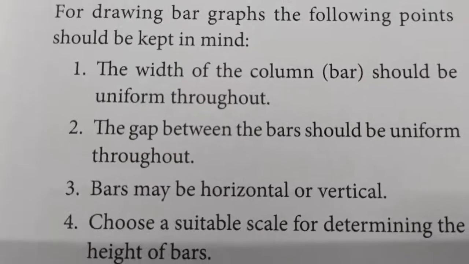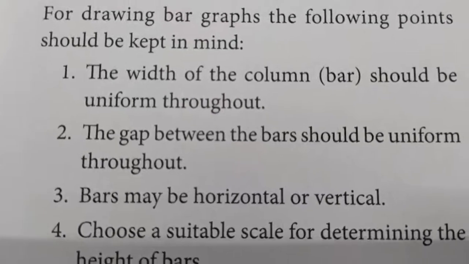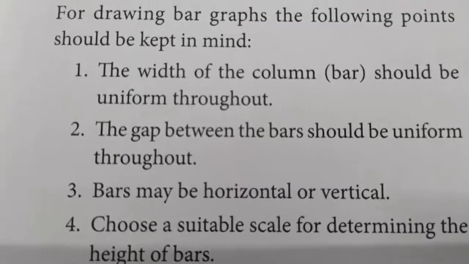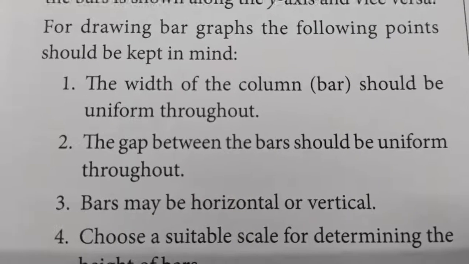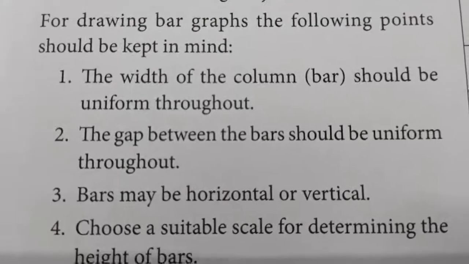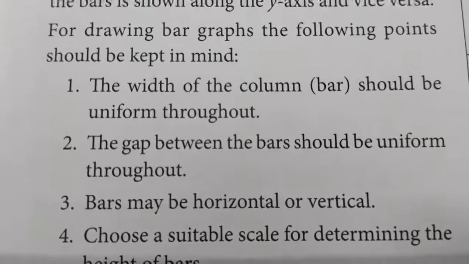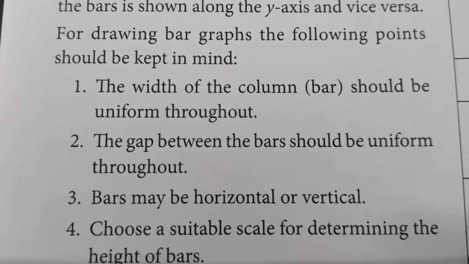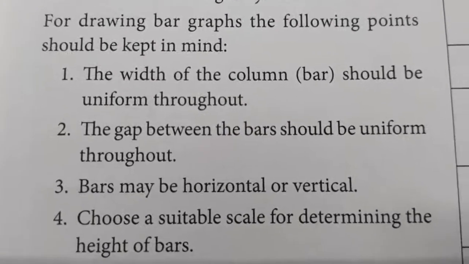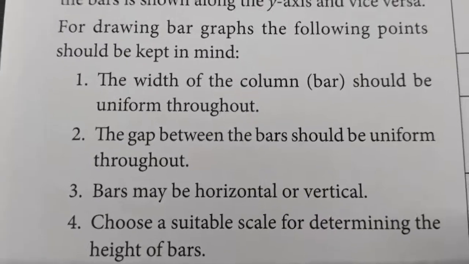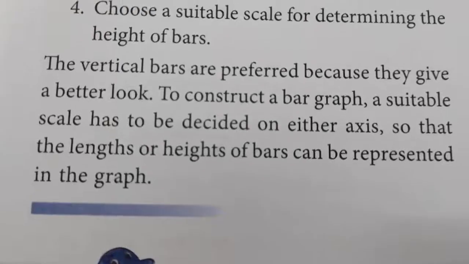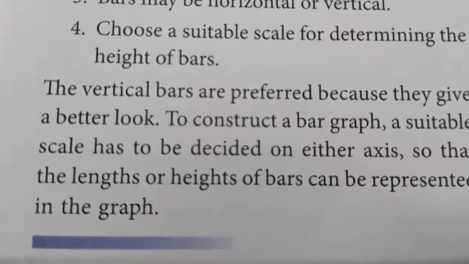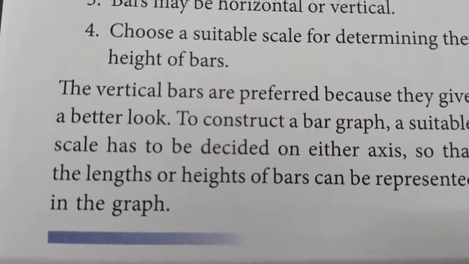The width of the column bars should be uniform throughout. The gap between the bars should be uniform throughout. Bars may be horizontal or vertical. Choose a suitable scale for determining the height of the bars. Vertical bars are preferred because they give a better look.